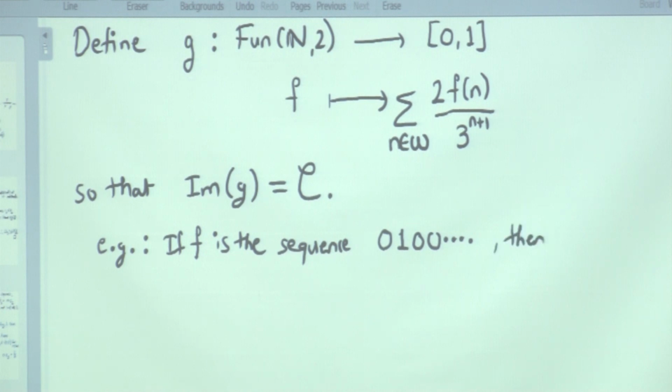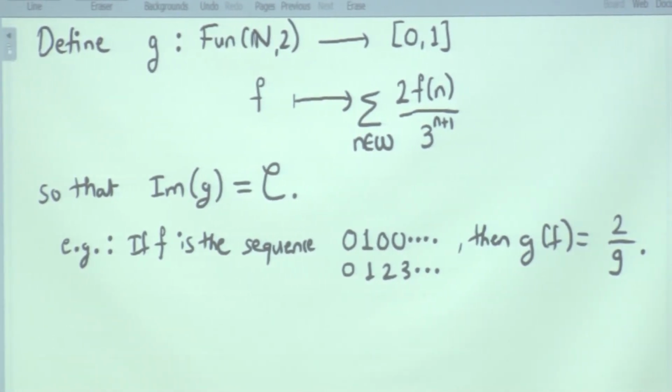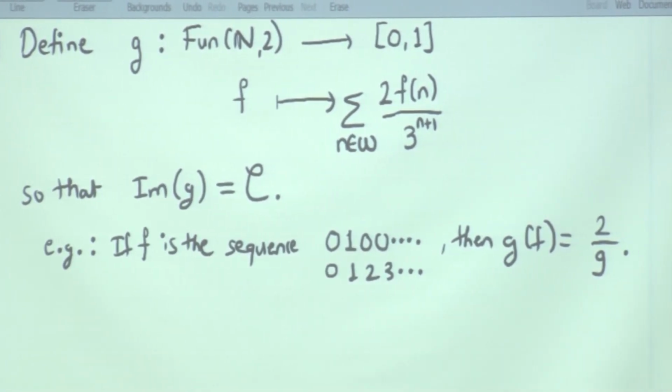Then G of f will be... This is my 0th location, this is my first location, and so on. So what will this point G of f be? Yes, 2 by 9. I hopefully convinced you 2 by 9 is a point in the Cantor set. So every such f will be mapped to a point in the Cantor set.